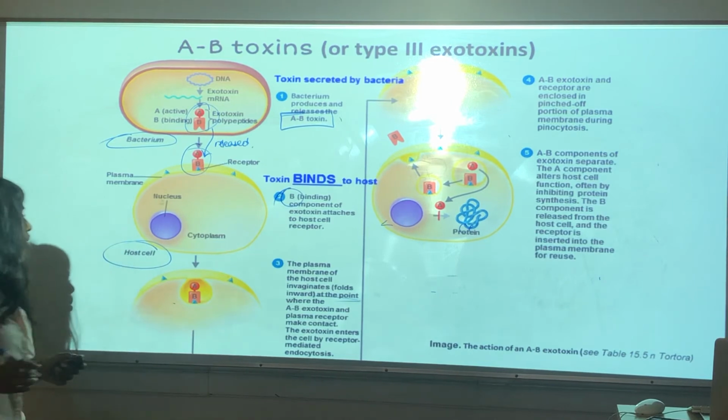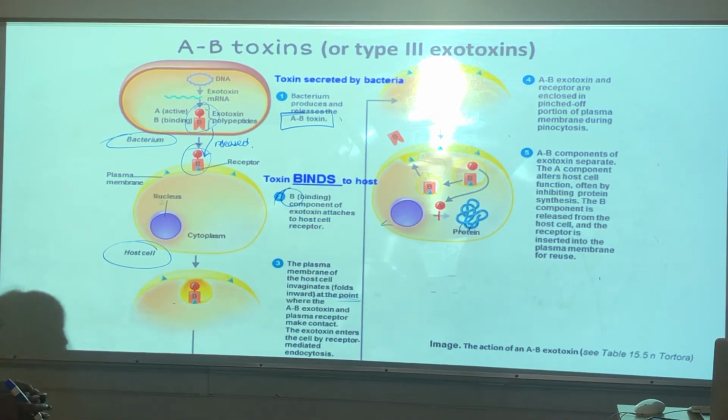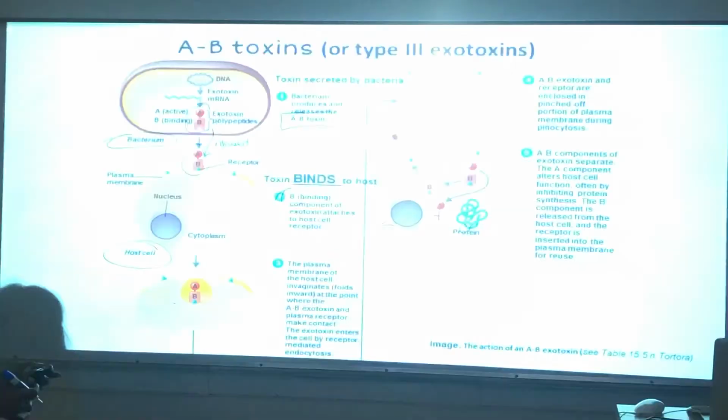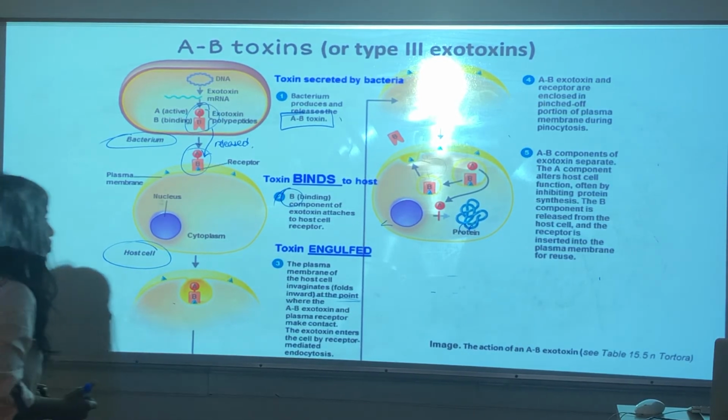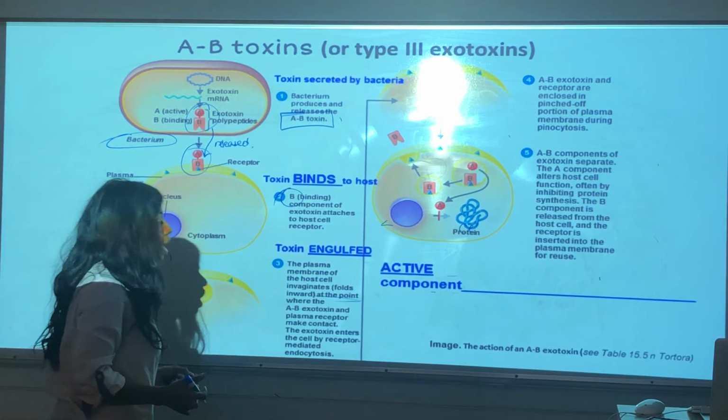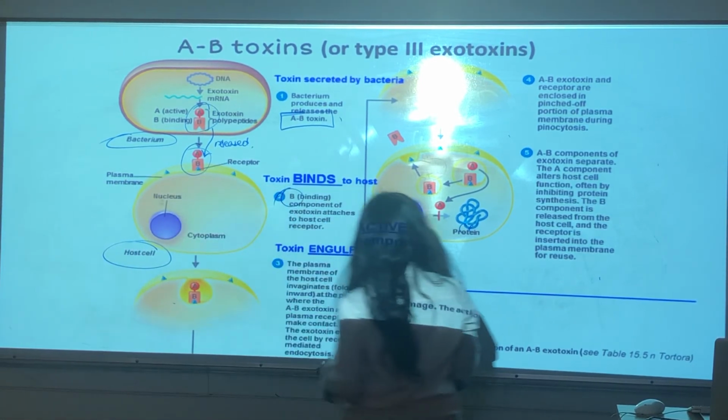Now that it is released, the host cell will receive it, and it will be engulfed.